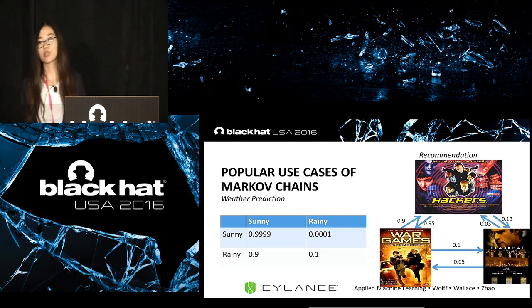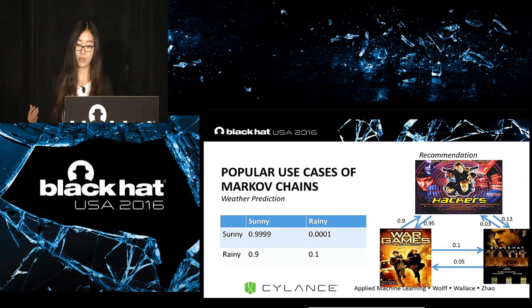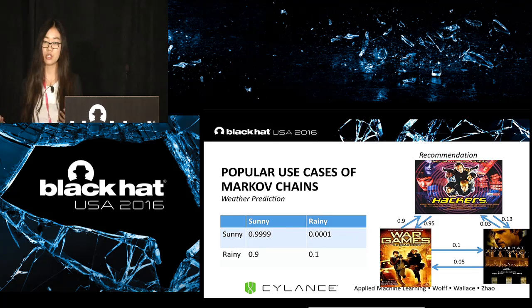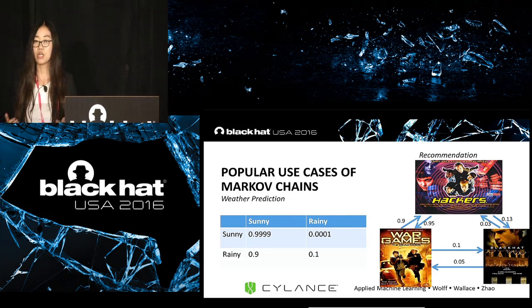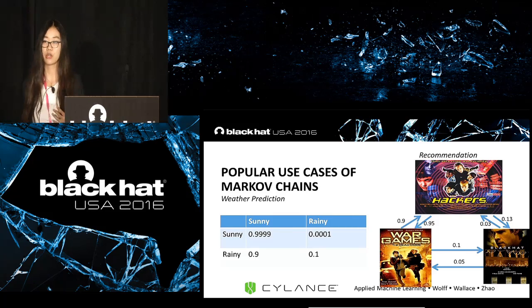Another use case of Markov chains is doing recommendation. Like when we are watching videos on YouTube or Netflix, when we have watched some videos, they will recommend other, similar videos to us. And here is an example. We have 3 movies here, which are kind of hacker related. The first 2 are Hackers and WarGames. They are very classical hacker movies, and a lot of hackers will like them.